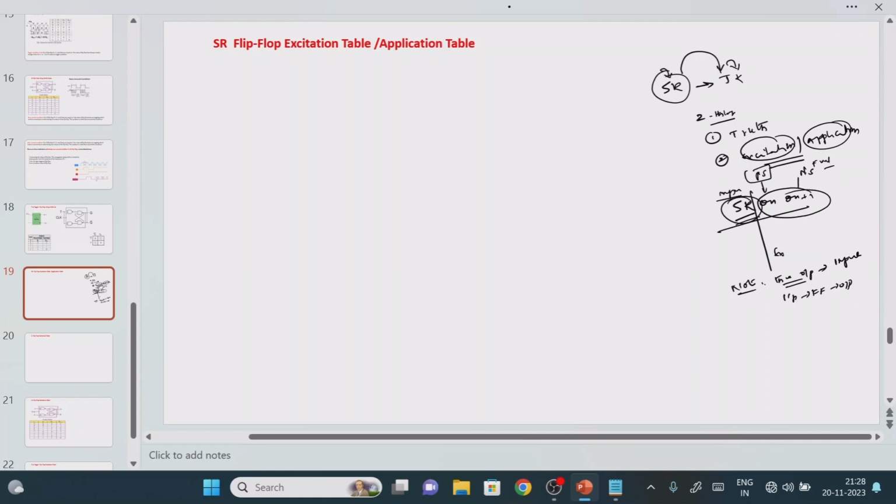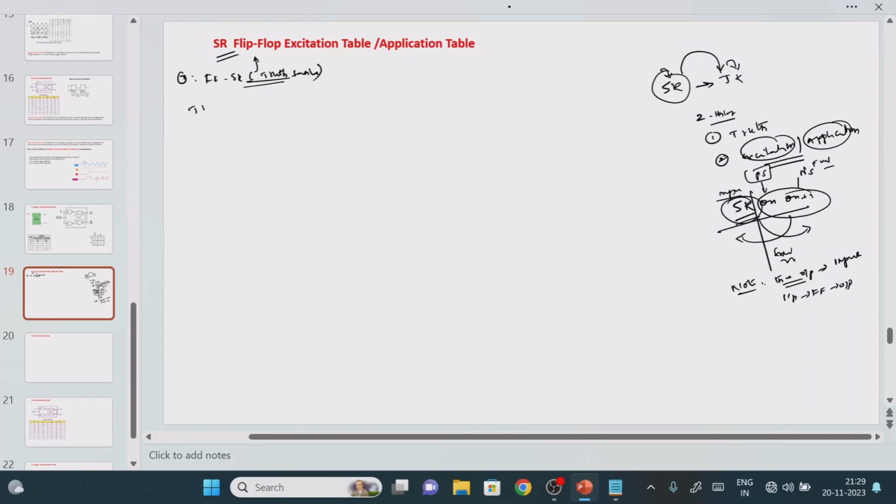But in case of the excitation table, the outputs are taken as the inputs and the inputs are taken as the outputs. To draw the excitation table for the SR flip-flop, first we require the truth table of the SR flip-flop, and with its help we will find the excitation table.